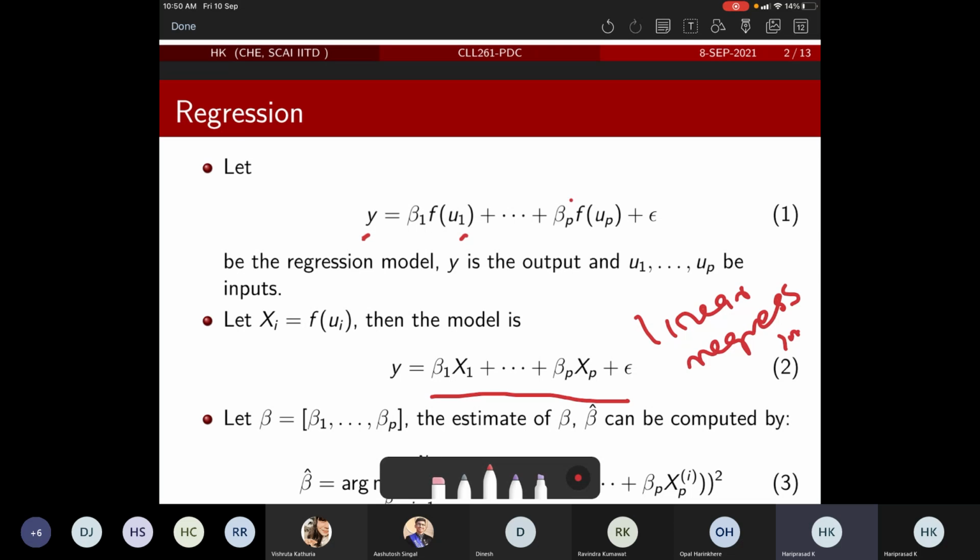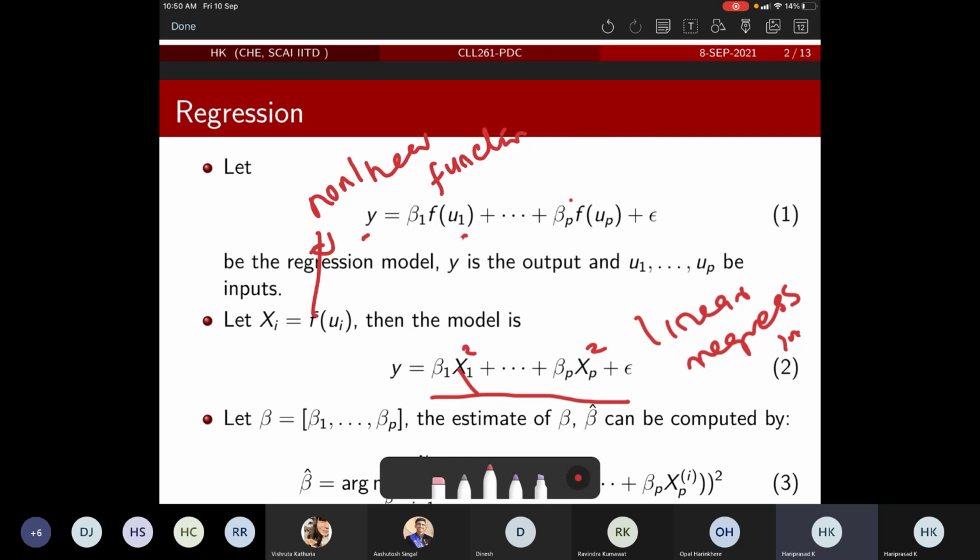So instead of x1, it is, let's say, x1 square to xp square. This is a non-linear regression model with your predictor being a quadratic term. There could be bilinear terms as well, for instance. I am just writing f of xi to be xi, and f stands for a nonlinear function.